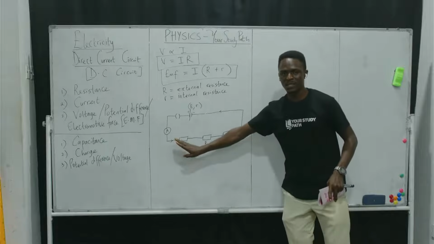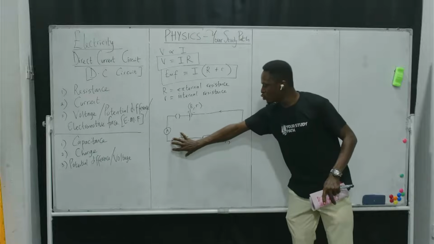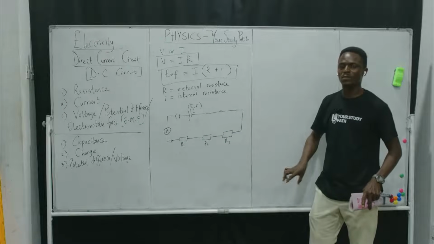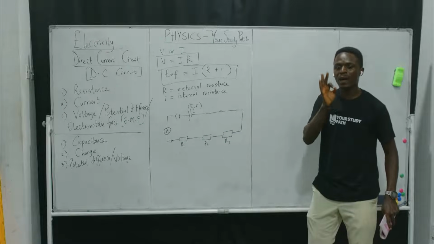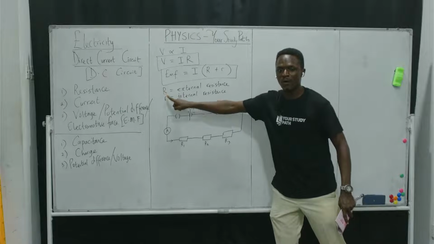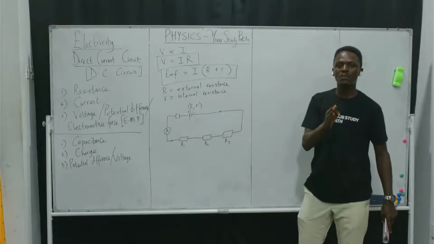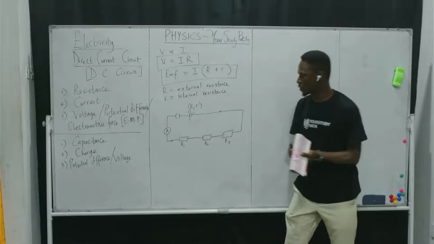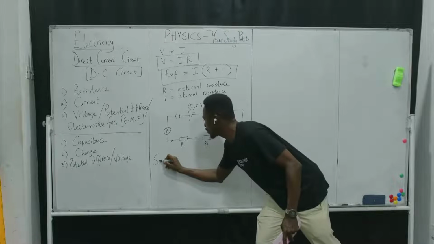Whenever there are many resistances present, you should calculate all the external resistance, represented by capital letter R. Note, external resistance, capital letter R. There are two patterns to determine your external resistance. We say series connection.